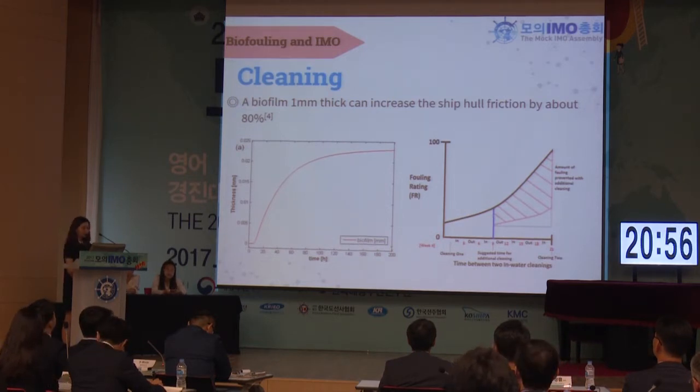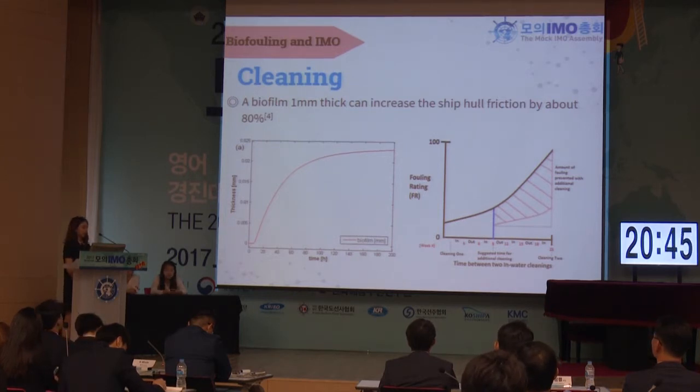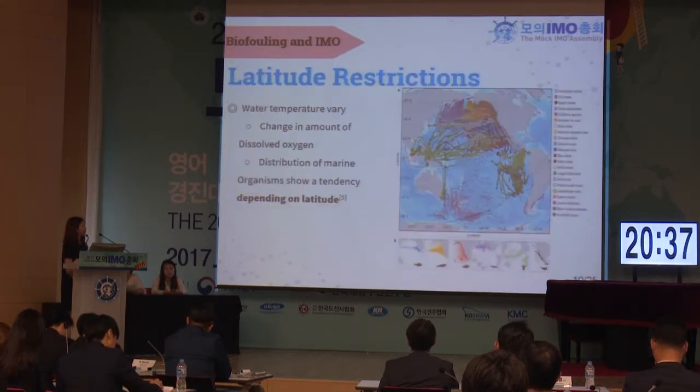Just by cleaning, the ship can increase fuel efficiency and reduce the amount of biofouling greatly. Despite its importance, the guidelines state nothing about the frequency of cleaning or how to manage the toxic coatings released during the process, which affects the marine environment.